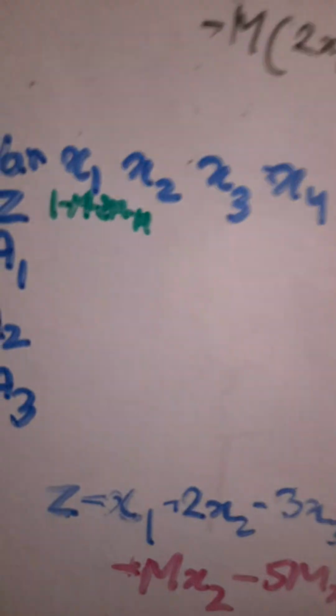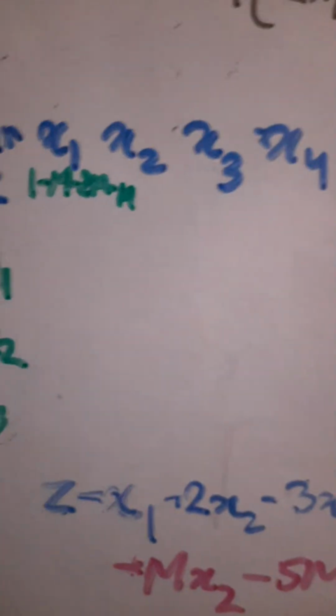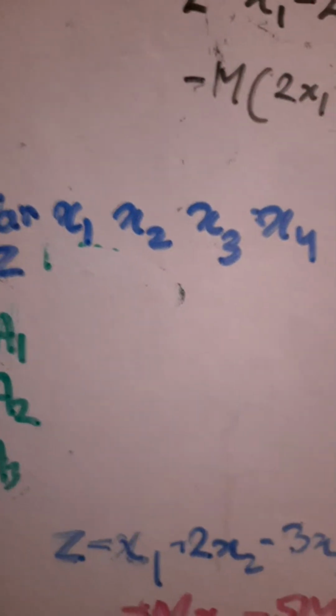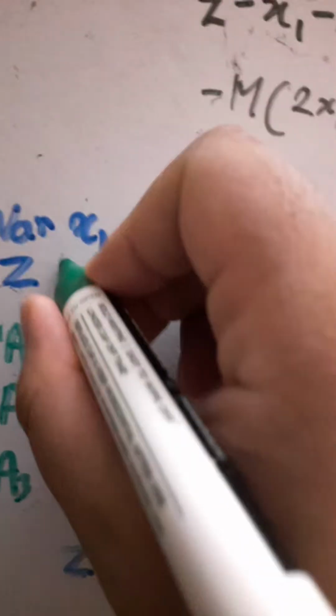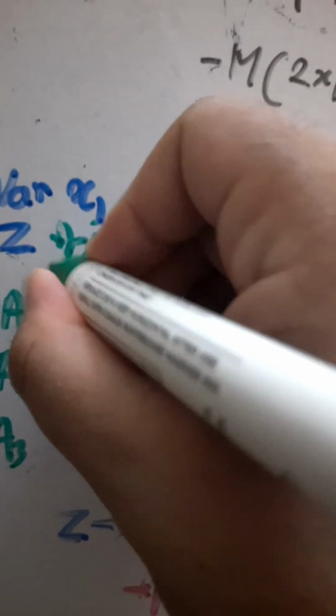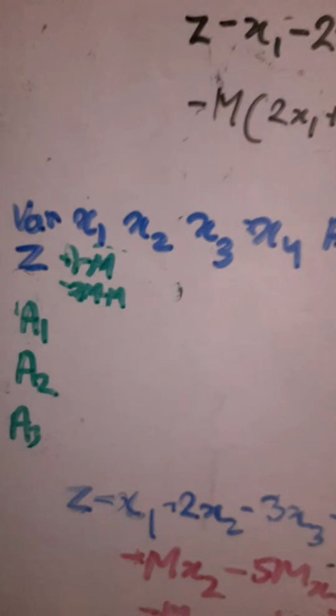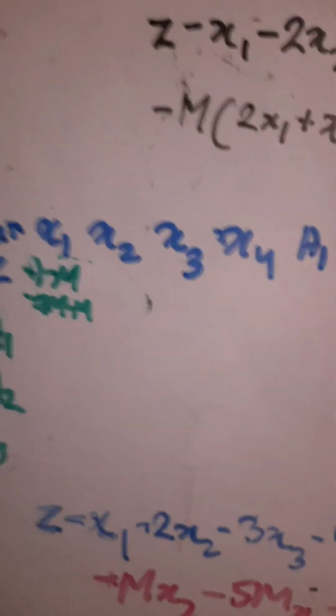Oh boy, yeah, let's give some space to this. A1, A2, A3, okay. Minus 1 minus m minus 2m minus m.